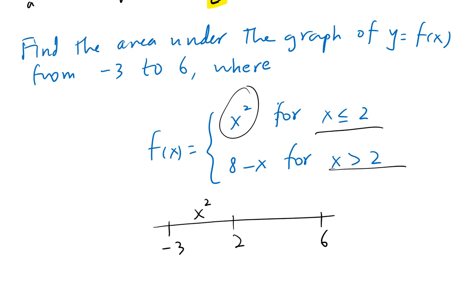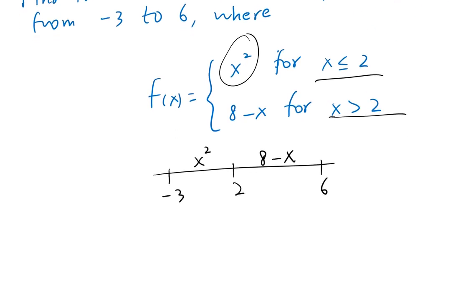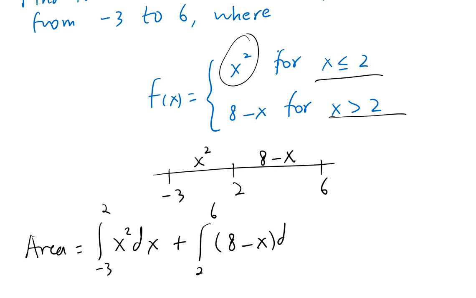Above 2, from 2 on, up to 6, use the other function, 8 minus x. So to set up the area, you go from -3 to 2, use the first function x squared dx, and go from 2 to 6 for the next function, 8 minus x.